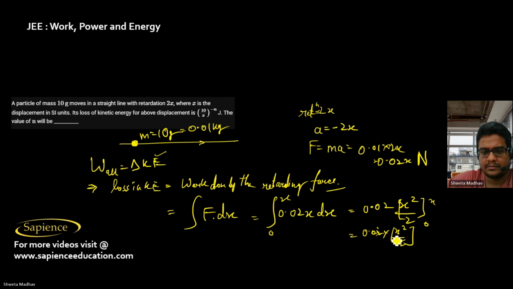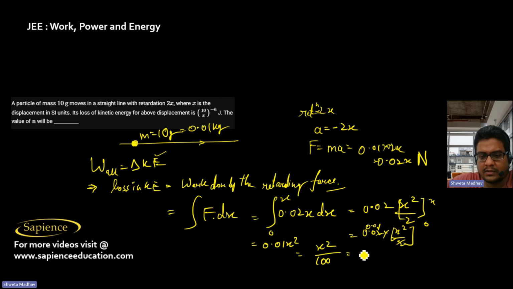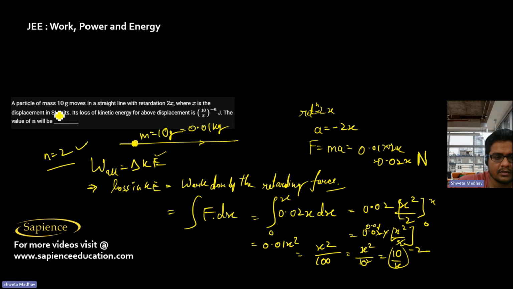So this will be 0.01 x square, or I can say it is x square by 100, or x square by 10 square, or I can say it is 10 by x power minus 2. So the value of n will be 2 here.